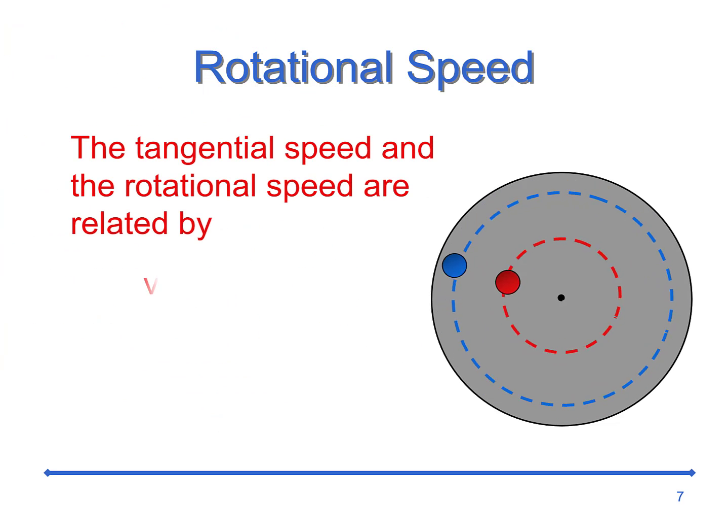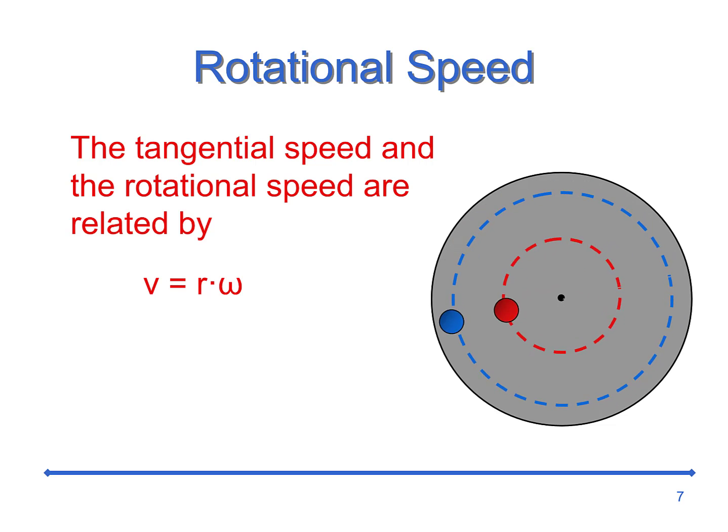An alternative way of calculating tangential speed, and rotational speed are related using this formula where V, here's my velocity, that's my tangential speed. I can also calculate that by taking the radius times the number of rotations per minute. So instead of calculating your tangential speed using 2 pi r over my capital T, I can also use this formula as well.